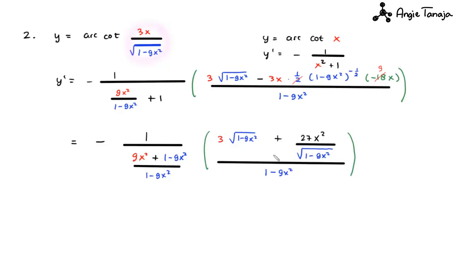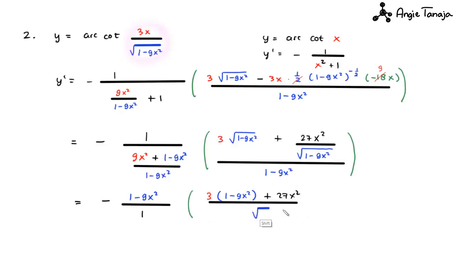Now we make the denominator for this the same again. Minus, just swap this, becomes 1 minus this over just 1, and times with this becomes 3 times 1 minus 9x squared plus 27x squared over this. Make the denominators the same. This is also here, I put it here, 1 minus 9x squared.